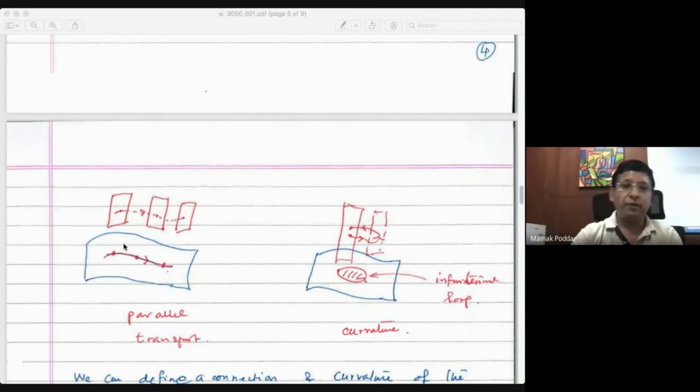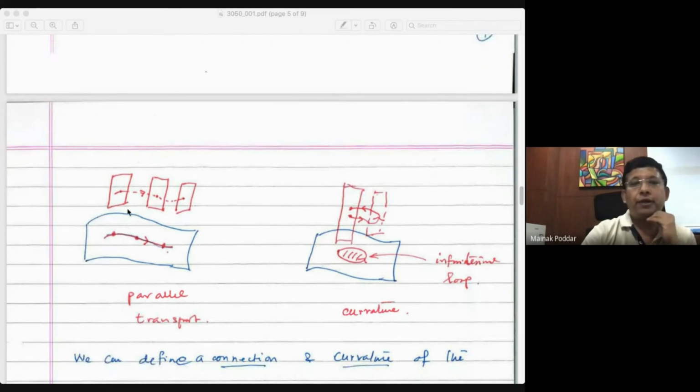So for example, this blue thing here is part of my manifold and I have a curve. And those red planes I have drawn are basically the vector spaces at different points. So these are vector spaces that are making up my vector bundle. Okay, could be tangent spaces, could be normal spaces, could be other vector spaces. But suppose I start with a vector bundle.